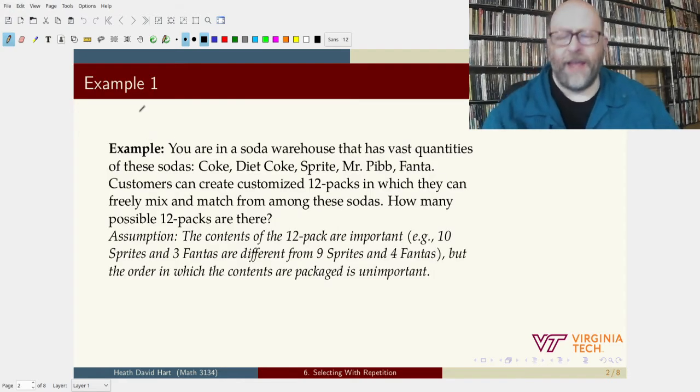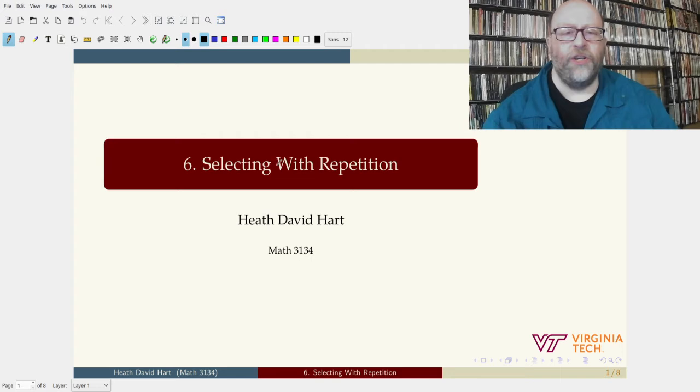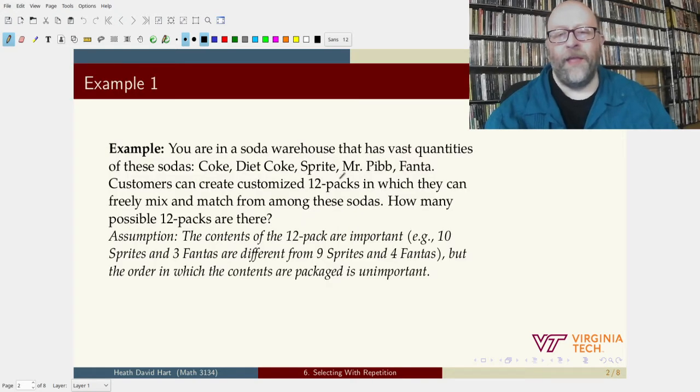What we're looking at today are examples in which we are allowed to repeat the objects that we have selected. That is, once we have chosen an example of something, we can choose it more than once, but the order in which we make the choices does not matter.